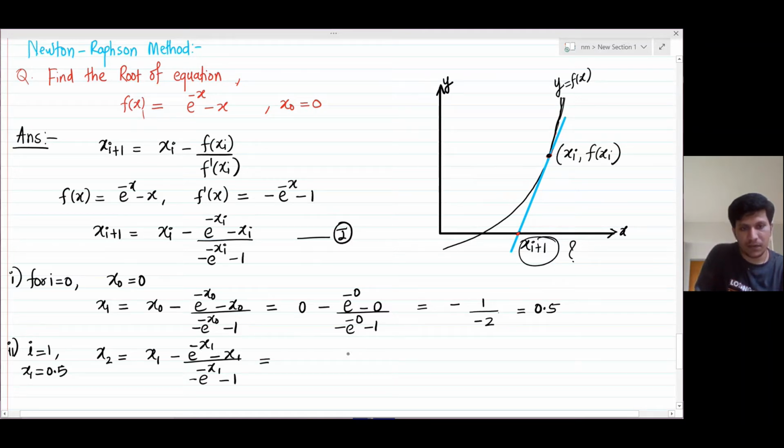Put that 0.5 in this equation: 0.5 minus (e raised to minus 0.5 minus 0.5) divided by (minus e raised to minus 0.5 minus 1), and if we solve, x2 comes out to be 0.56631.